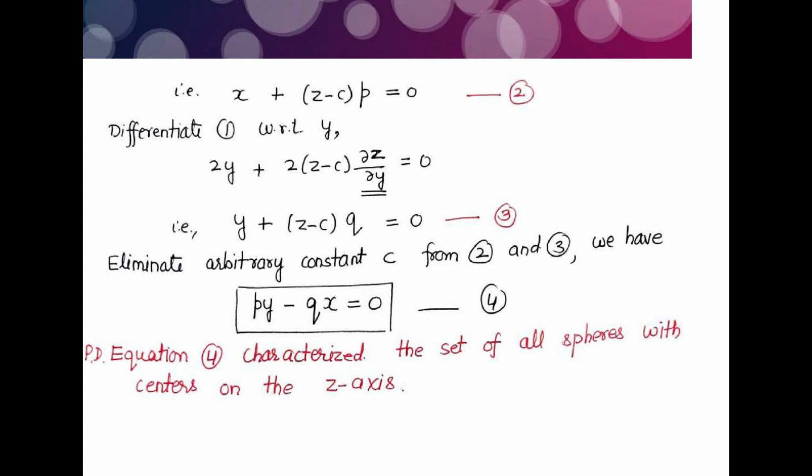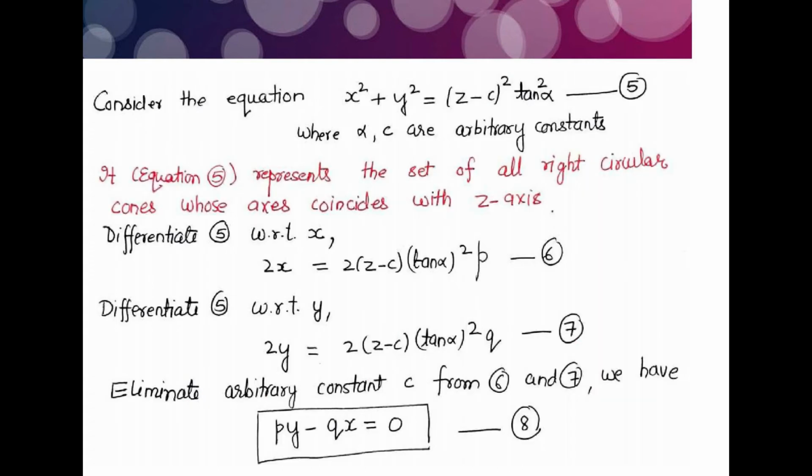So we can eliminate z minus c from these two equations 2 and 3, and finally we have equation number 4. You can simplify this. So finally we have py minus qx equal to 0. So this equation number 4 characterizes the set of all spheres with centers on the z-axis.